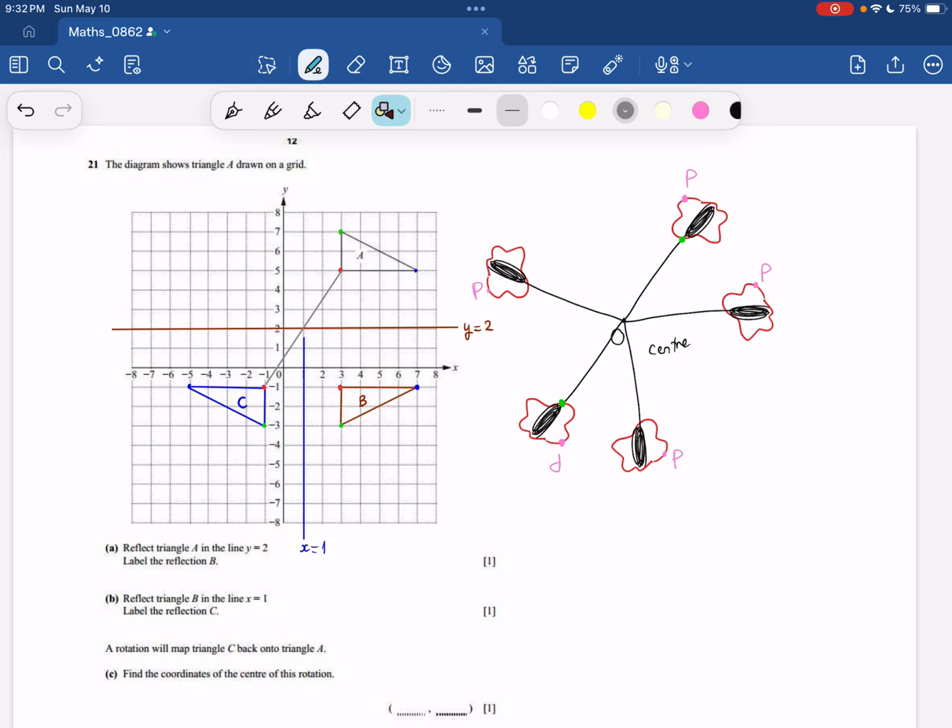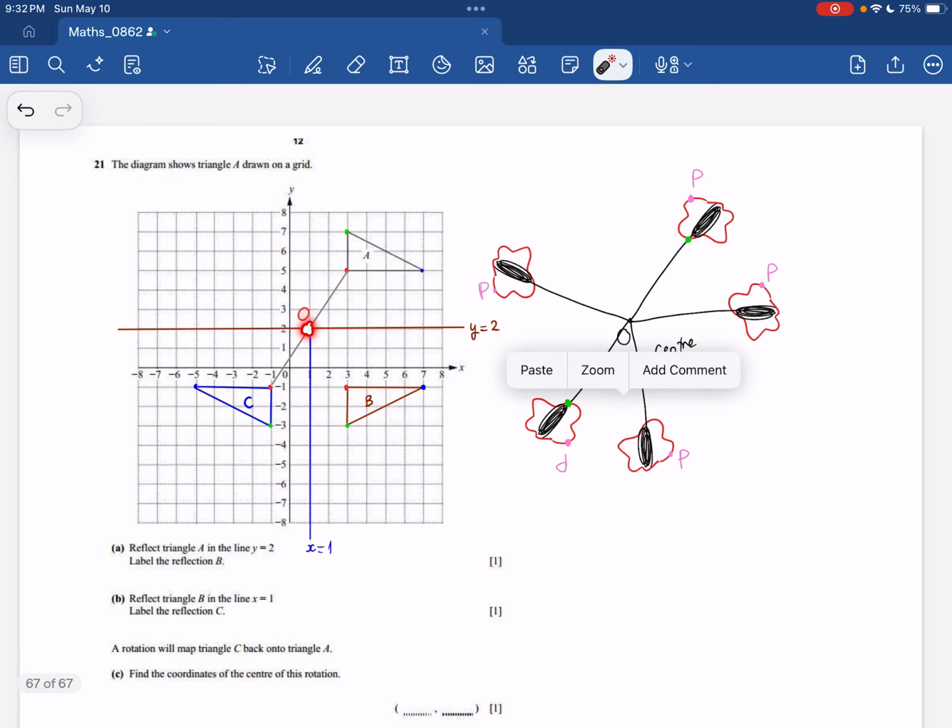Now you see something special. If you look at the length of this line, this point divides the length in half, right? So should it be the center? Yes, it is. This point happens to be the center because everything is symmetrical through the center point O.